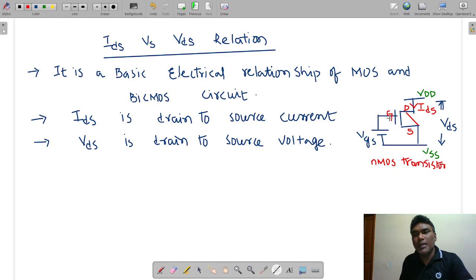We have seen this in the enhancement transistor. There are two conditions: the non-saturated region and the saturation region.